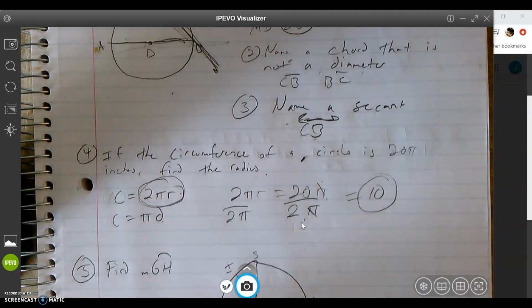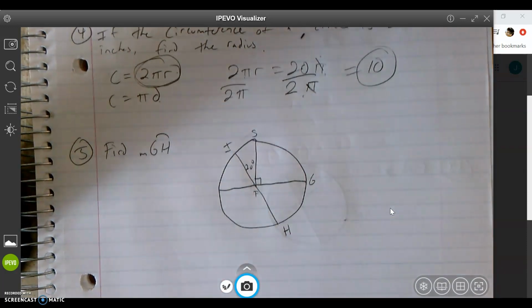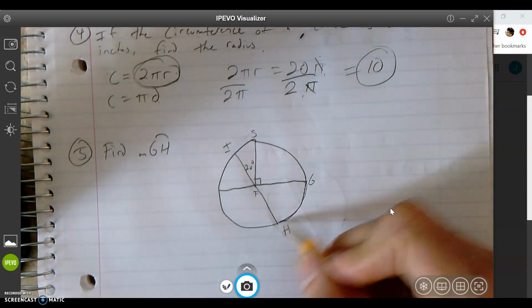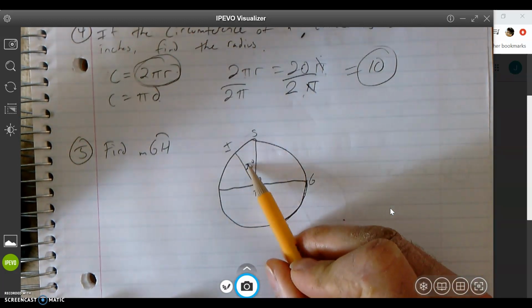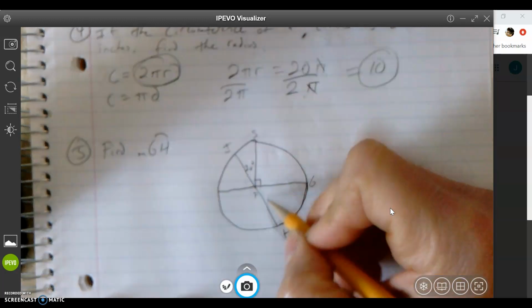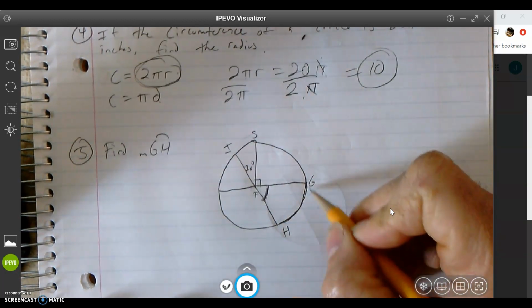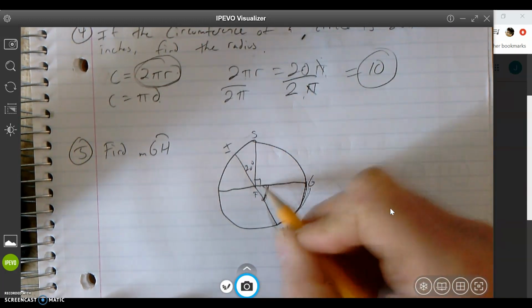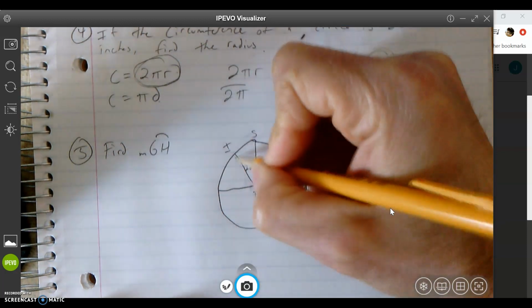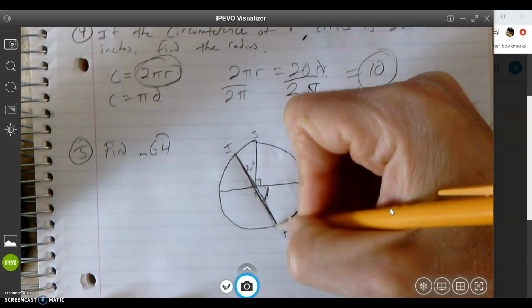So we have to find the measure of arc GH. Number 5, arc GH, so this right here. It gives us this is 90 degrees and this is 20 degrees. If I can get this central angle, this arc is the same measure. So the central angle and the arc are the same. I see that JH is a straight angle, so this is 180 degrees.